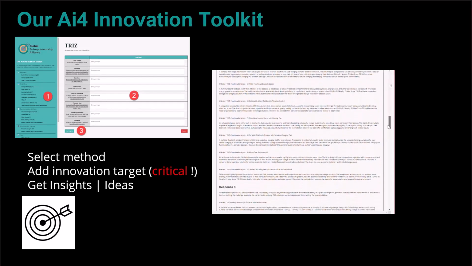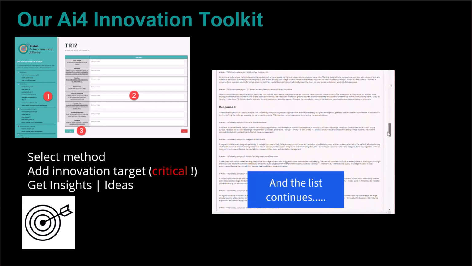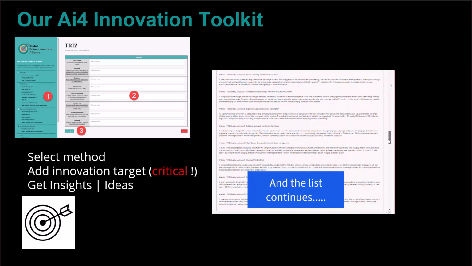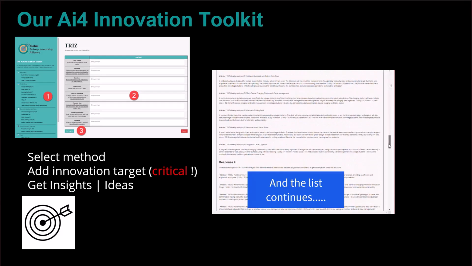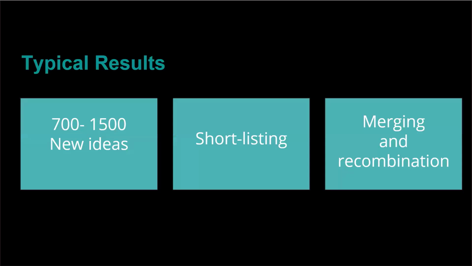Typically, for one innovation challenge, we will have somewhere between 700 and 1,500 ideas. And what we get out of that is new ideas. There's also a short-listing within the AI and a merging and recombination that puts it all together.